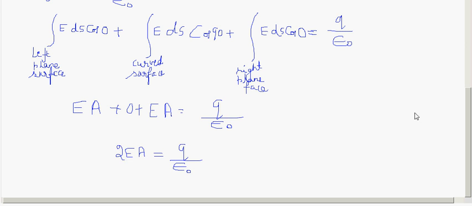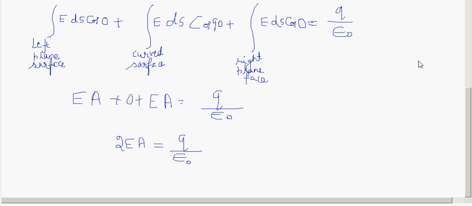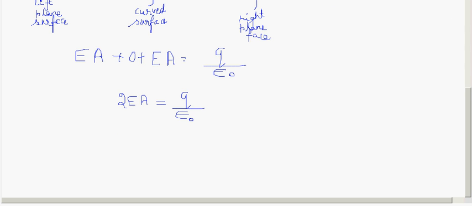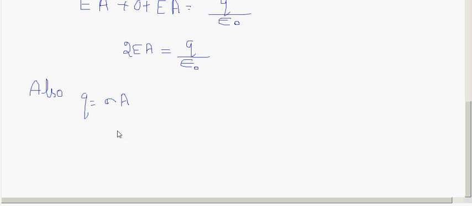Also, because sigma is the surface charge density, Q is equal to sigma into A. So substitute Q is sigma into A in this equation. So we get 2EA equal to sigma into A divided by epsilon naught.